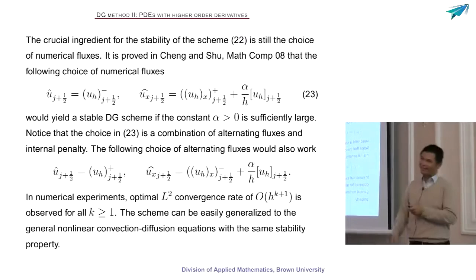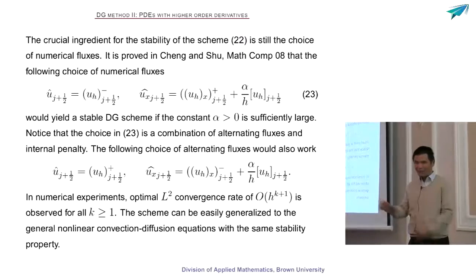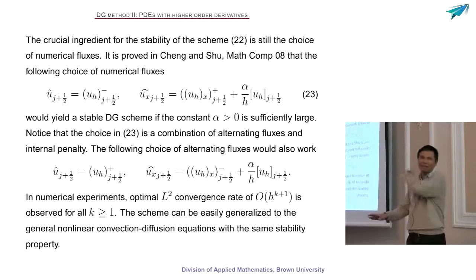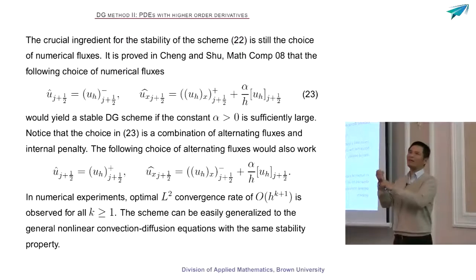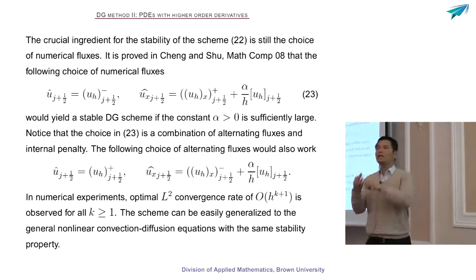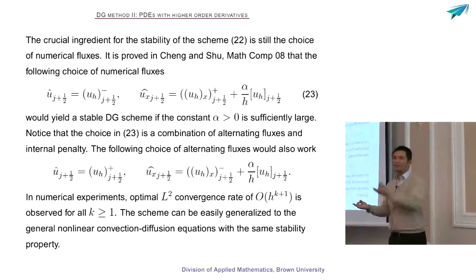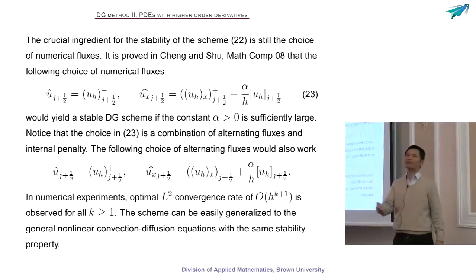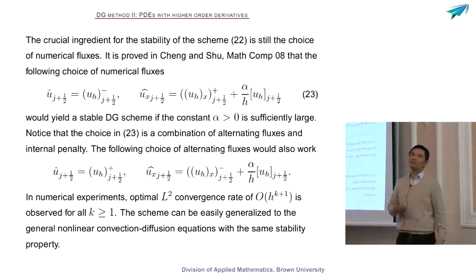Now, you were talking about this argument of LDG versus all these kinds of methods: internal penalty, symmetric, unsymmetric, ultra-weak. The difference is that in these methods, you are dealing with a single polynomial u. You do not have auxiliary variables p for ux and so on. So it's psychologically simpler, I would say.